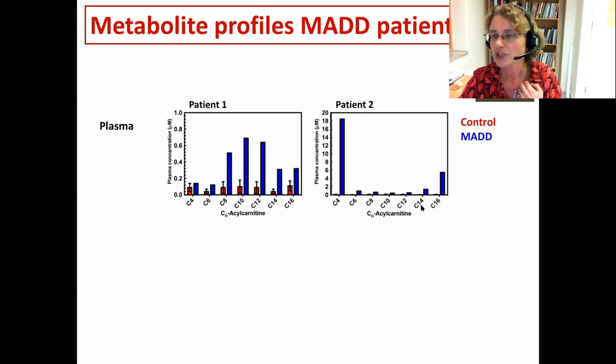I was very much triggered when I saw patient data, because what I found then was that all these patients, they have an accumulation of acyl carnitines, and you see the patients in blue here, for all chain lengths, so C4 to C16. And here it's even more extreme, so the concentrations are higher, the controls are the same, but they are almost invisible because there is such a high accumulation of especially the C4 and C16, but also in the middle they accumulate.